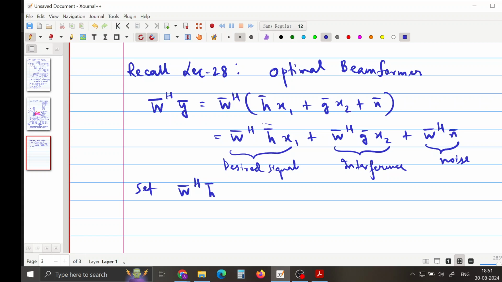This is the coefficient of x1, so that's the gain of the desired signal, and we had set this to 1, because we want maximum gain for the desired signal. Similarly, for the gain of the interference, which is w bar Hermitian g bar, we wanted to suppress it, therefore we had set that gain to 0.